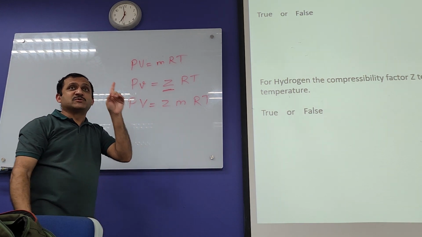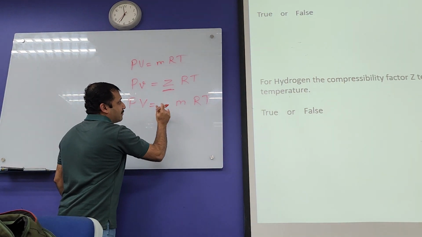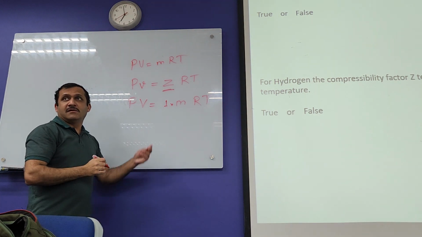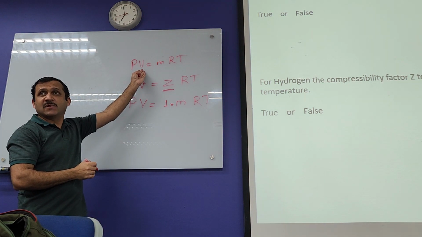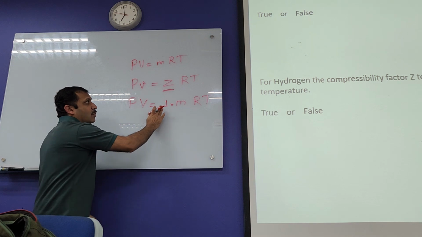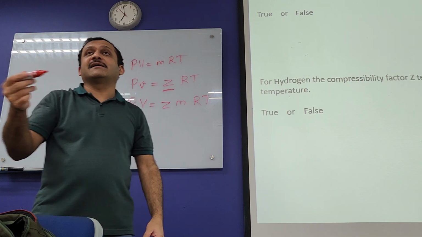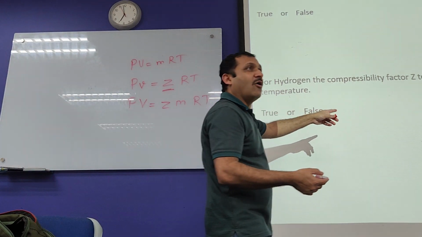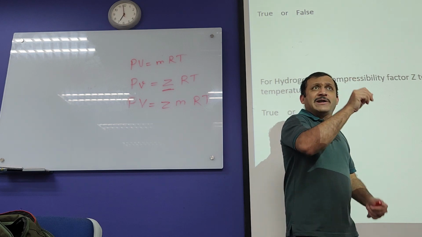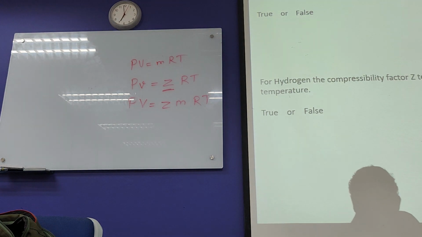So if the value of Z becomes 1, replace that by 1, that and that equation are exactly the same. Is that the ideal gas equation? Yes. So when Z becomes 1, a gas will behave like an ideal gas. Or not exactly 1, it might be 0.999999, approaching 1. It's almost ideal. So now tell me the answer.